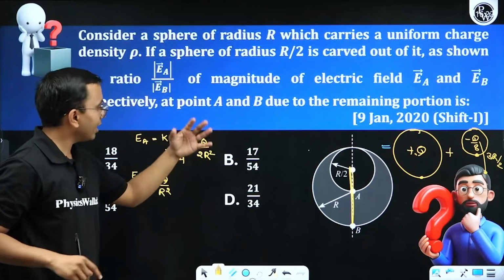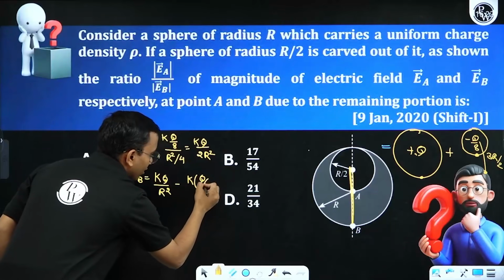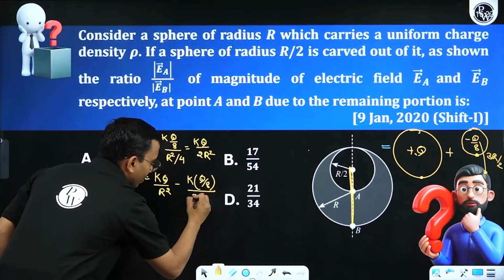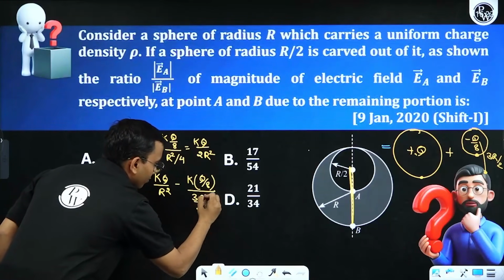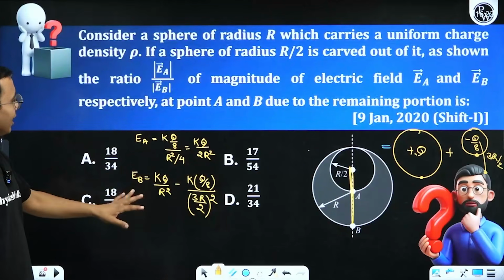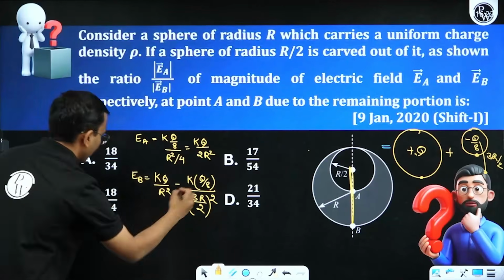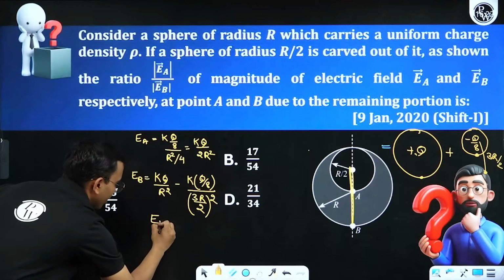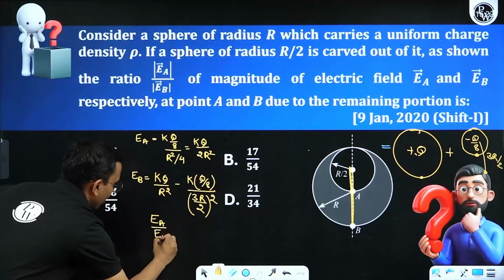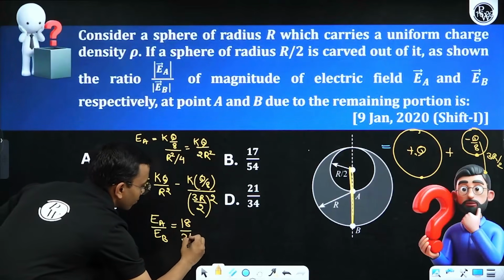So that will become, with the minus sign, k q by 8 divided by (3r by 2) whole square. Got EA and EB. Take the ratio of EA and EB. If you do this, you will get EA by EB as 18 by 34.